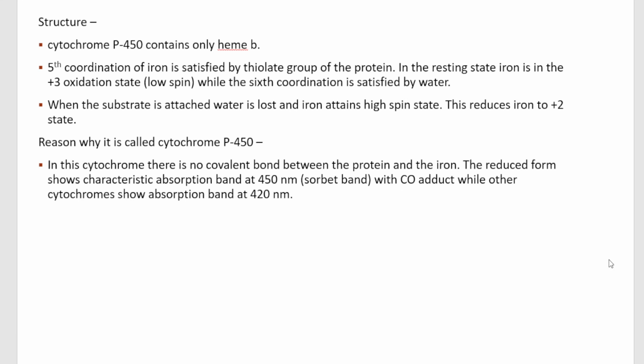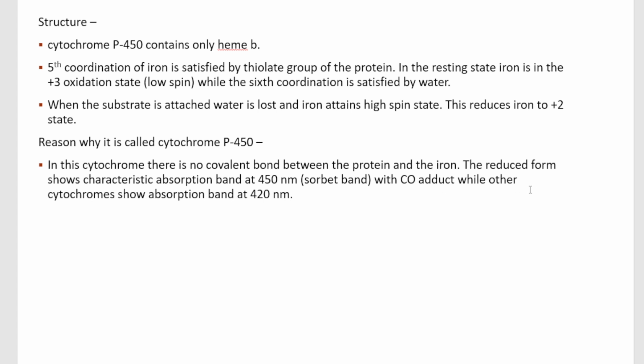One more thing is, why is it called cytochrome P450? One reason is it has no covalent bond between the protein and the iron atom. The central iron atom and the protein do not share any covalent bond. And in the reduced form, when they studied absorption spectroscopy, it absorbs a band around 450 nanometers, with the CO that is bound to it.